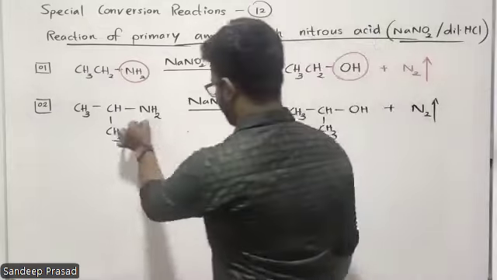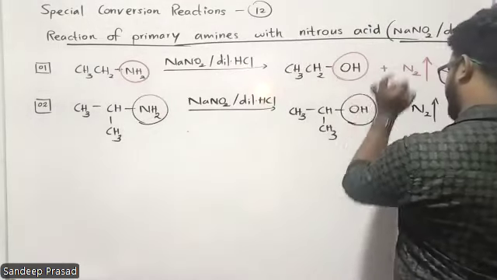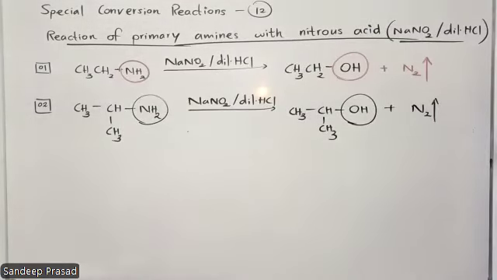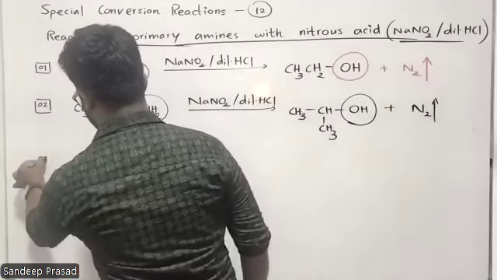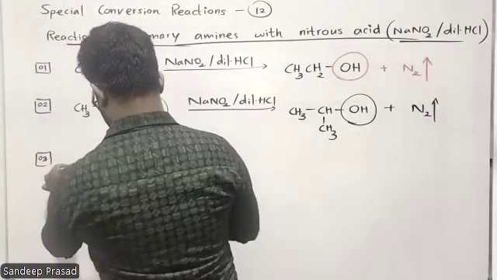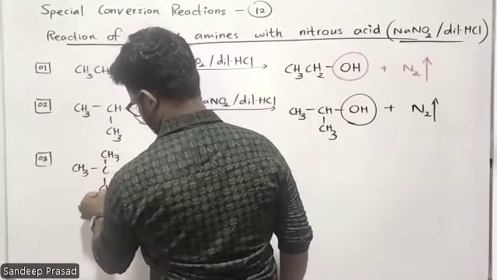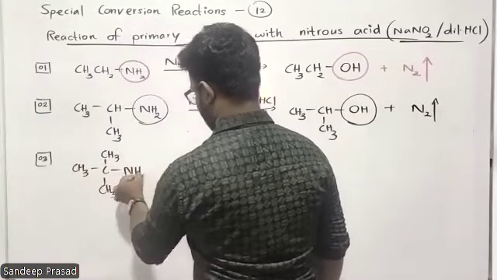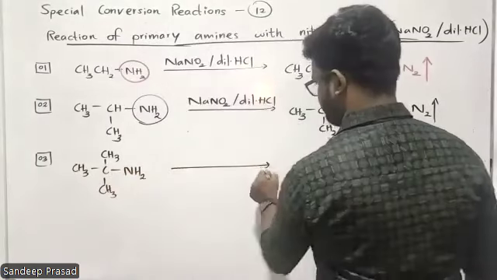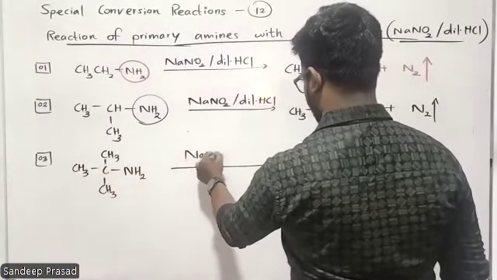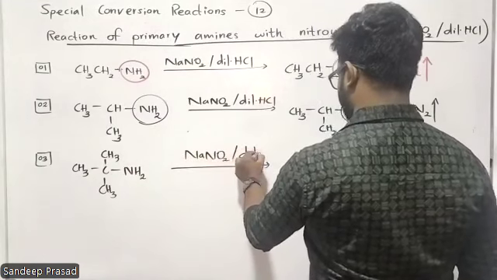As you can see here, the NH2 group converted into OH. Right? Number 3. A primary amine, sodium nitrite and diluted HCl is added.